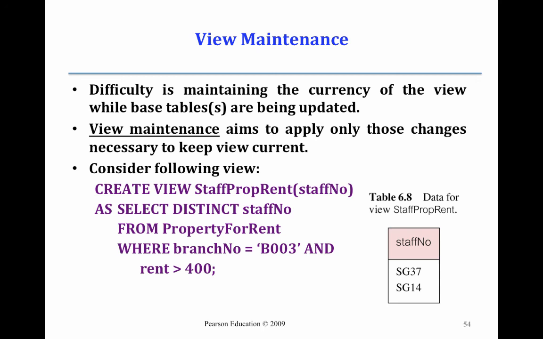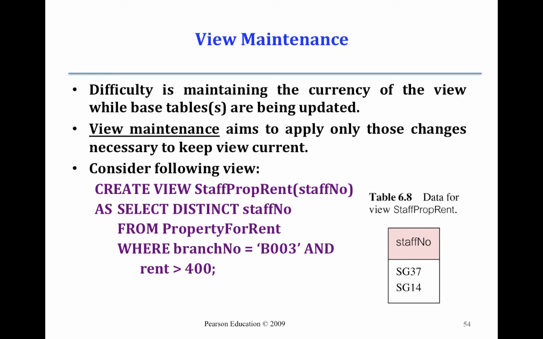Okay. So for example, if you were to create a staff property rent view, and this one is showing all staff members at branch B3 who manage properties greater than 400. Okay. So now, if I'm trying to maintain this, I have to worry about what happens if I insert a new property into the base relation, property for rent.